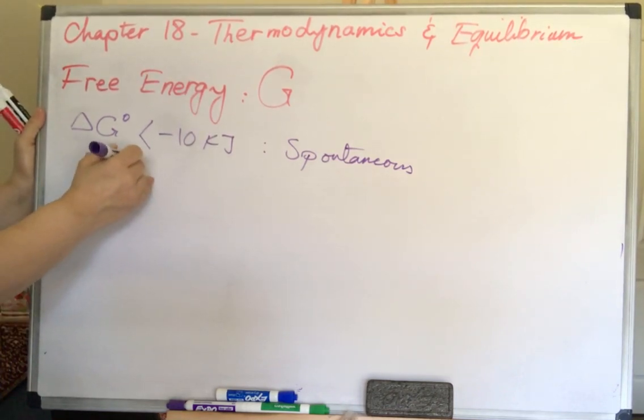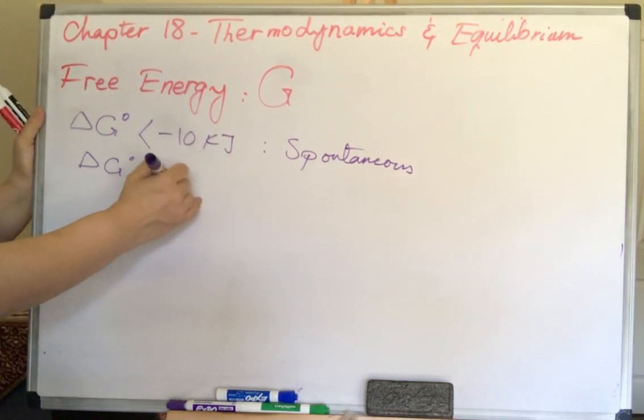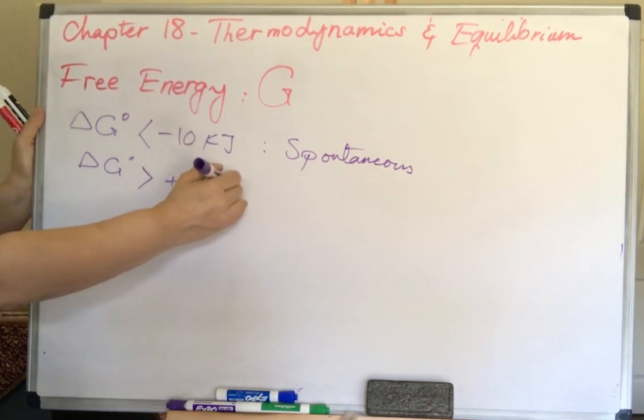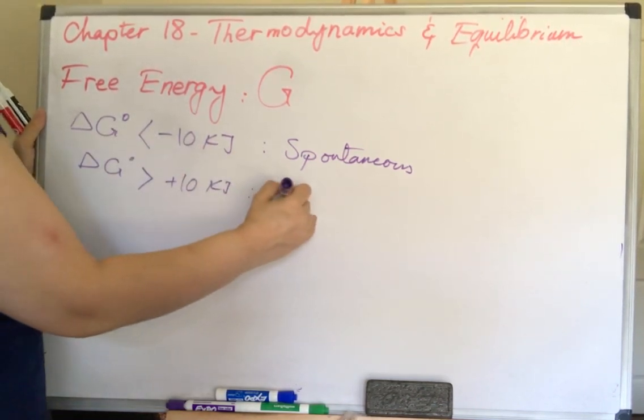When delta G standard is more than positive 10 kilojoules, it's non-spontaneous.